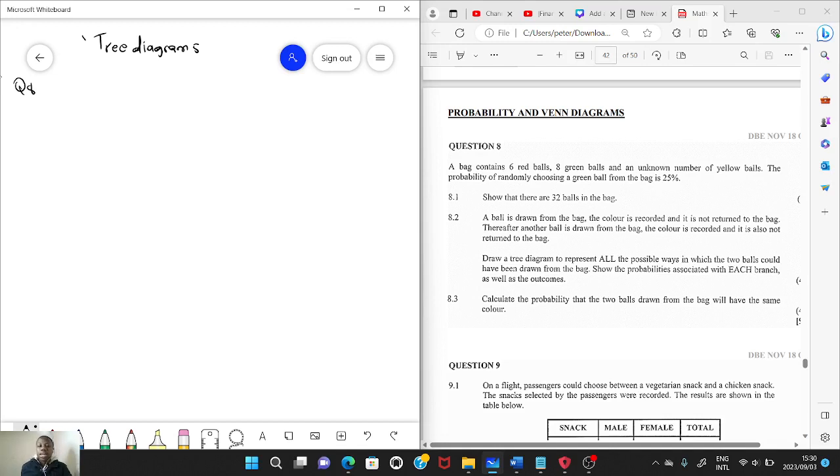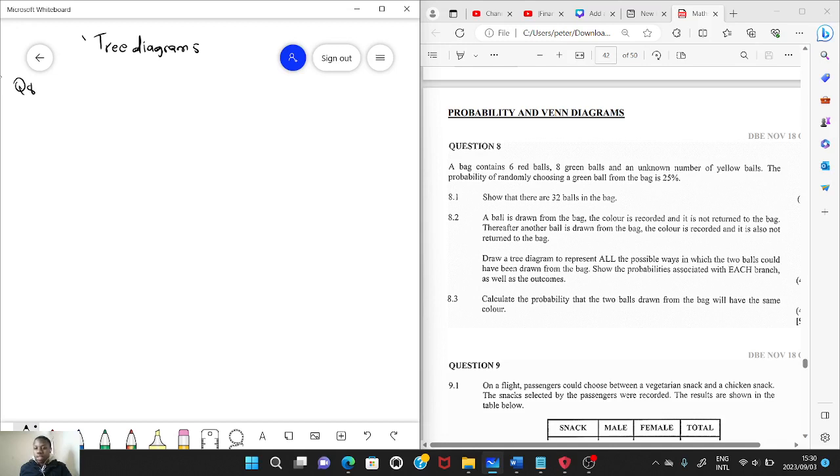A bag contains 6 red balls, 8 green balls, and an unknown number of yellow balls. The probability of randomly choosing a green ball from the bag is 25%.